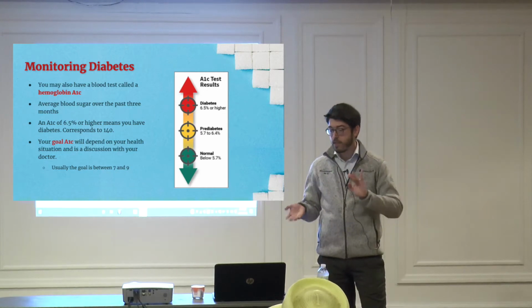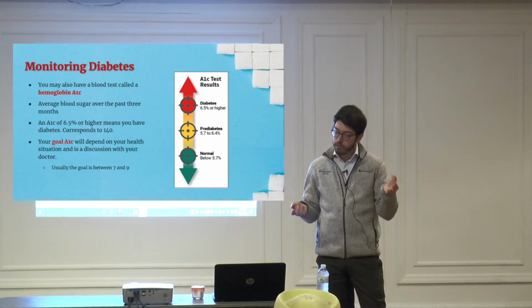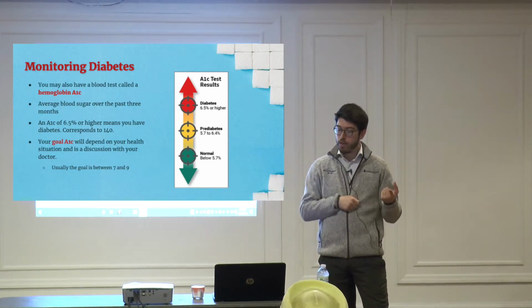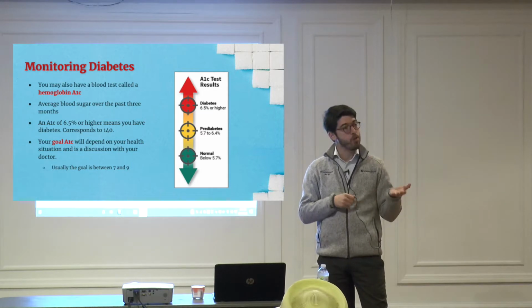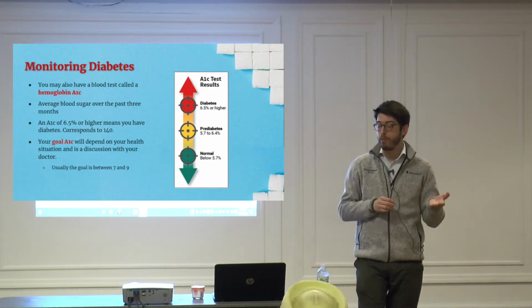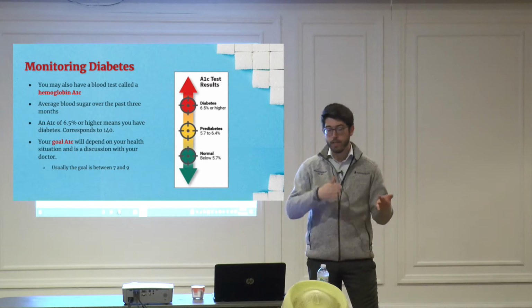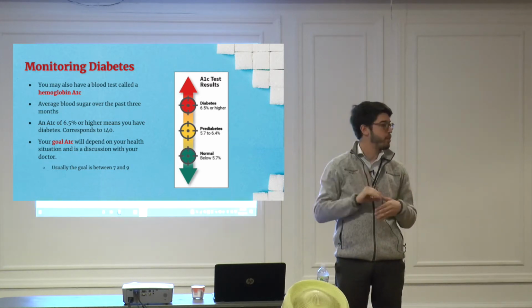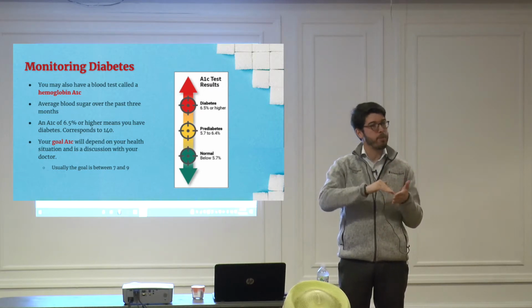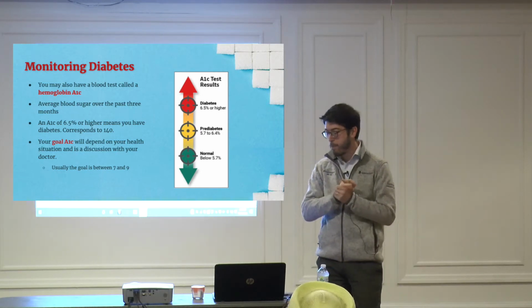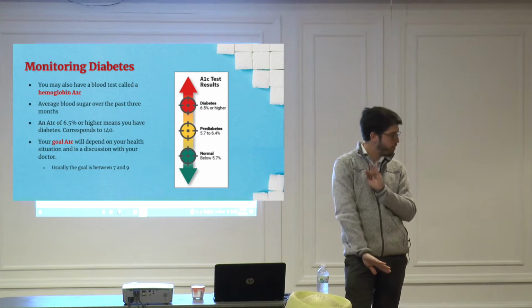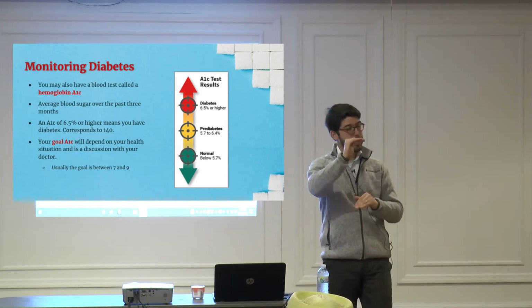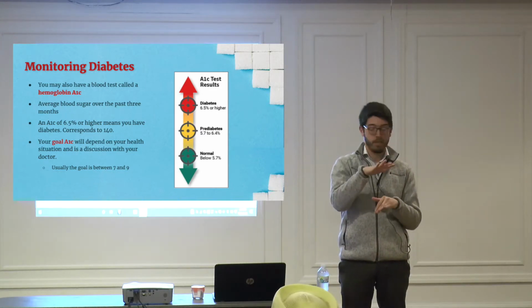And the numbers are a little different than the glucose reading that you take on your finger. It's in percent. A normal hemoglobin A1C is below 5.7. Above 6.5 means you have diabetes. So any number above 6.5 is diabetes. Between 5.7 and 6.5 is pre-diabetes.